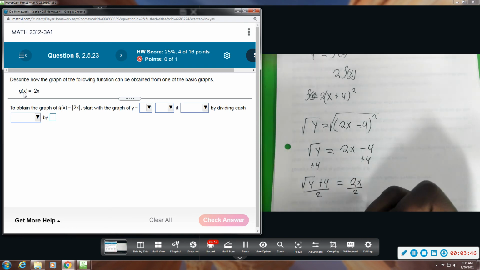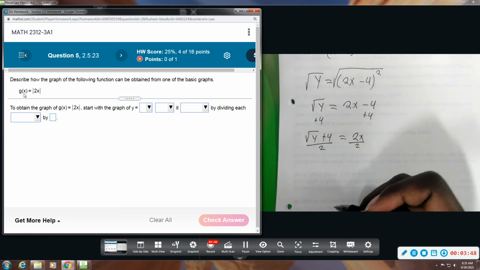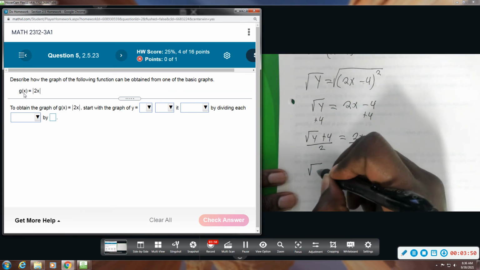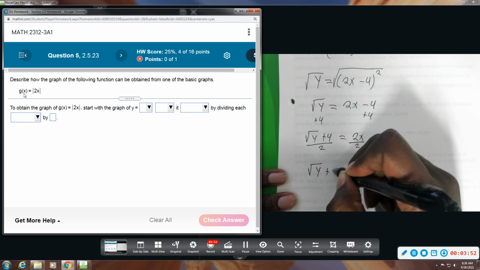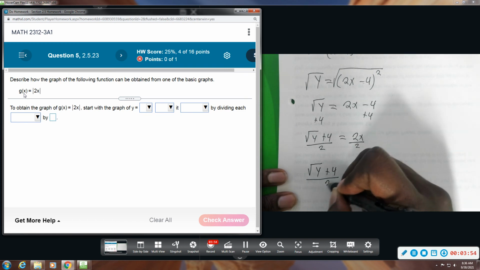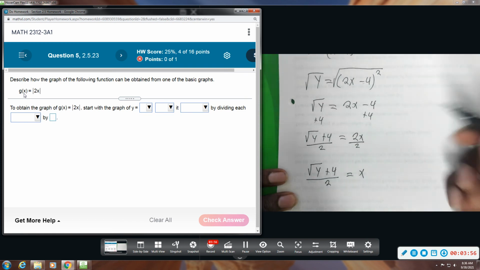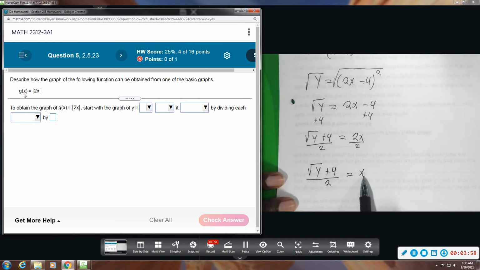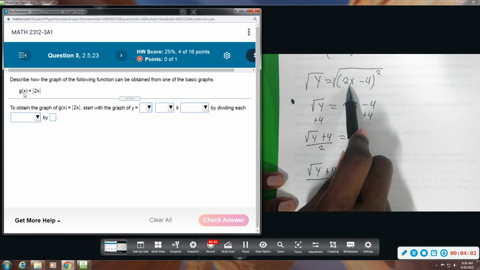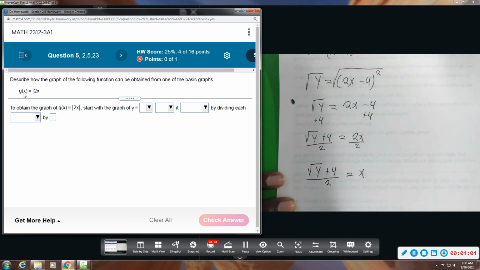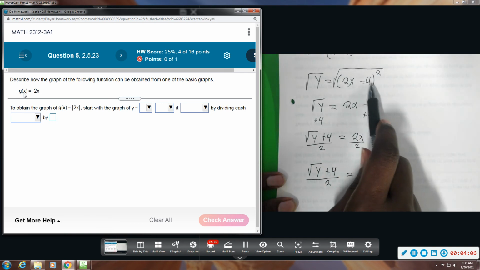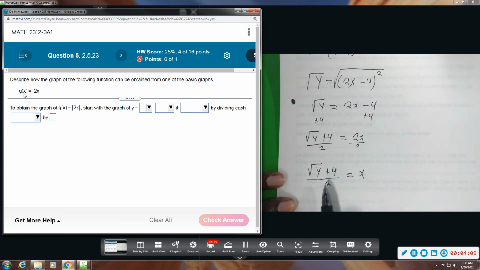So final, what happened is I have the square root of y, and then I have my plus 4, all divided by 2 equals x. So when I'm describing what is happening, the x coordinates are getting divided by 2. If I had something like that with the 2 being multiplied by x, and instead of going to the left 4 because I see the minus, we actually go right 4. It's a positive. So if you think about it as solving for x, that will help you identify what's happening to the x coordinate.